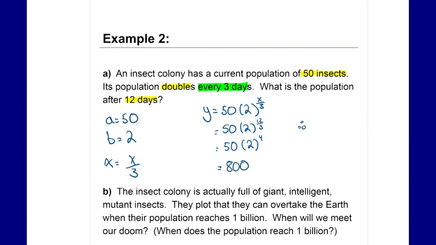So therefore, after 12 days, the population is 800. So that was a small calculation that we had to do beforehand to make sure that we got the proper number of increases.